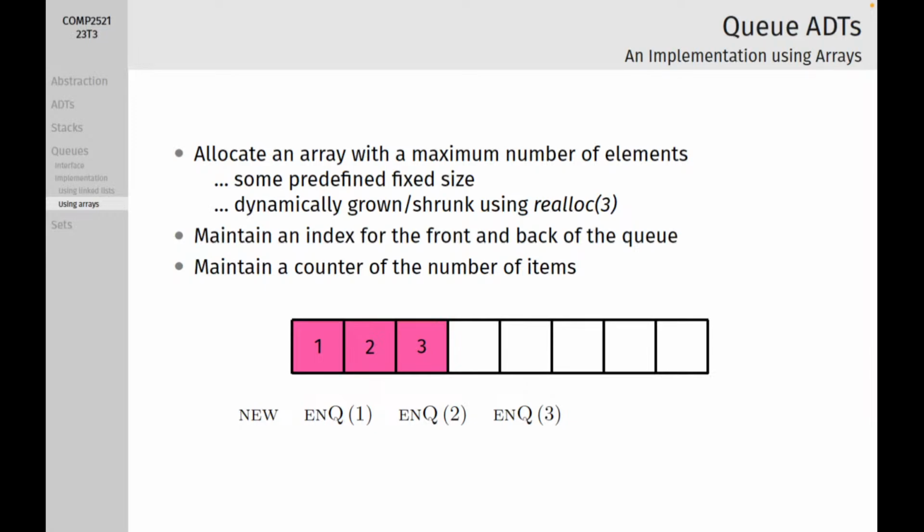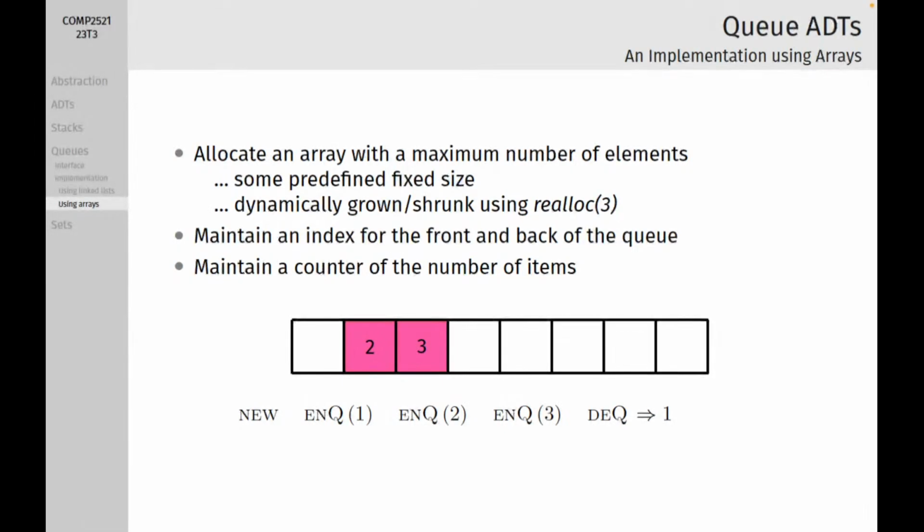Now, when we dequeue, one way of doing it is to remove the 1 and then shuffle all the items down. So we shuffle down 2, we shuffle down 3, but that wouldn't be very efficient. Another way of doing it is when we dequeue, we simply dequeue the 1, and now we update the index for where the front of the queue is.